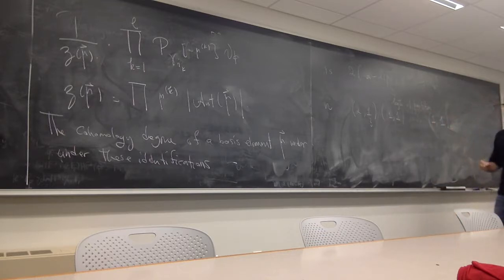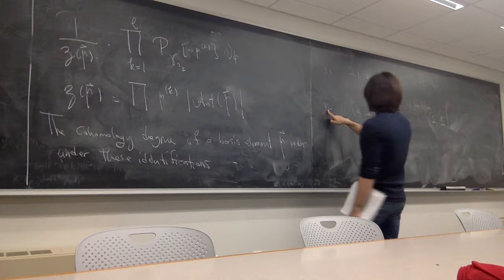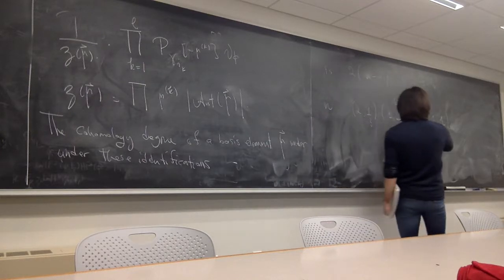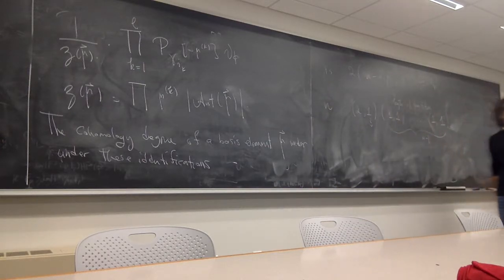How many do I need to have? I need to partition n, so I would have n minus 2 many of these things in here. This is sometimes also written as 2, 1, and 1 to the power n minus 2. This notation also is used.